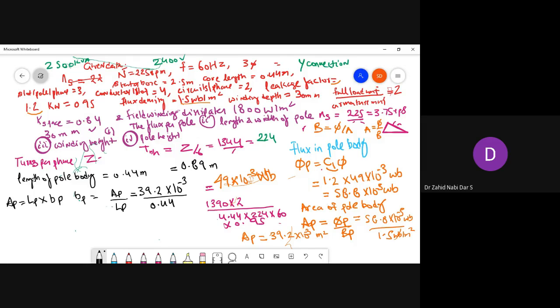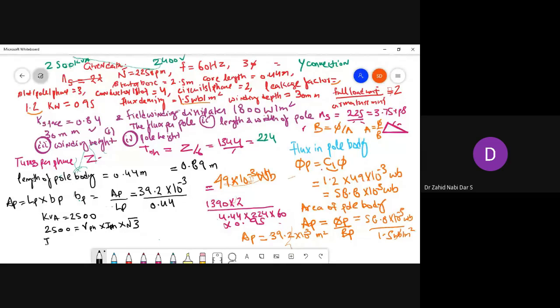Now, to calculate the current in each phase: the total is 2500 kVA, and the current depends on the voltage. kVA is equal to 2500, and this is equal to V phase into I phase. It is a three phase system, so definitely this would be root 3 V phase into I phase.